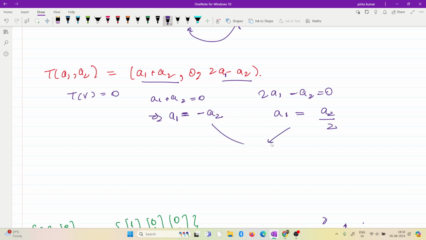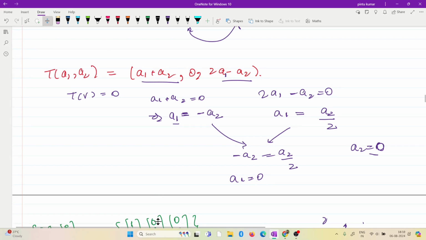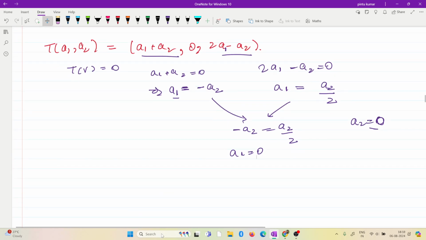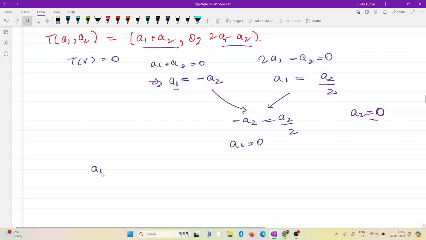If we merge these two things, it means that minus A2 is equal to A2 by 2, which is possible only when A2 is 0. And if A2 becomes 0, because A1 is minus A2, then A1 also becomes 0. So what are the conditions that we obtained? We obtained A1 to be 0 and A2 to be 0.